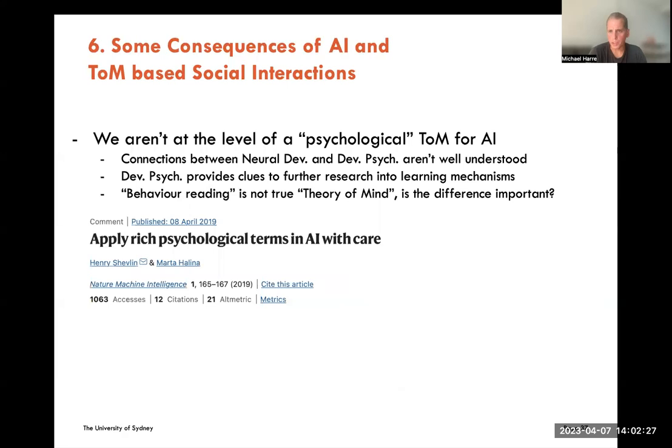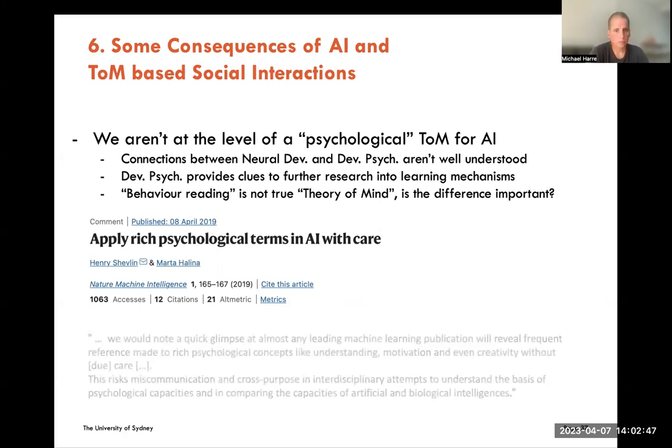And of course, we get to 2023 with ChatGPT, GPT-4, and we find that we are using what are rich psychological terms freely to try and describe the way in which these agents are behaving, the way they're communicating with us. And we need to be cautious of exactly how that actually looks in practice.